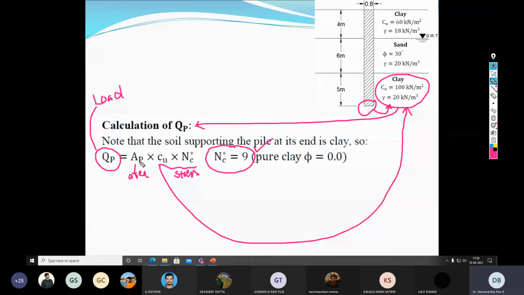Okay. So now calculate AP, that is simple cross sectional area of the pile, that is pi by 4 into 0.8 square. So be careful about the units. And Cu is 100 kilopascals and Nc is 9. So could someone tell me what is the value of the QP? 452.4 kilonewtons.